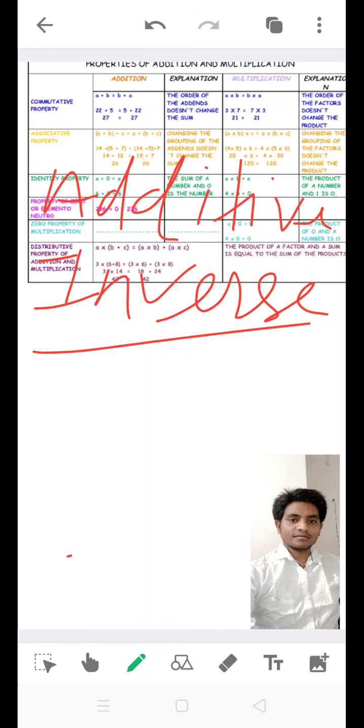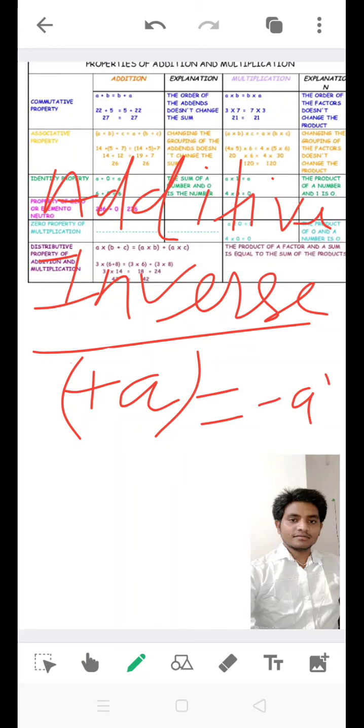We have an integer, like plus 5. That means once again, we have any integer like plus a. Then what is the plus a? We write here plus a.